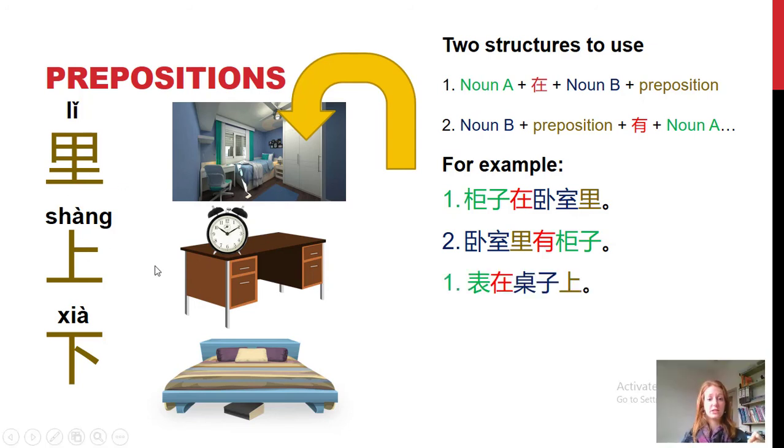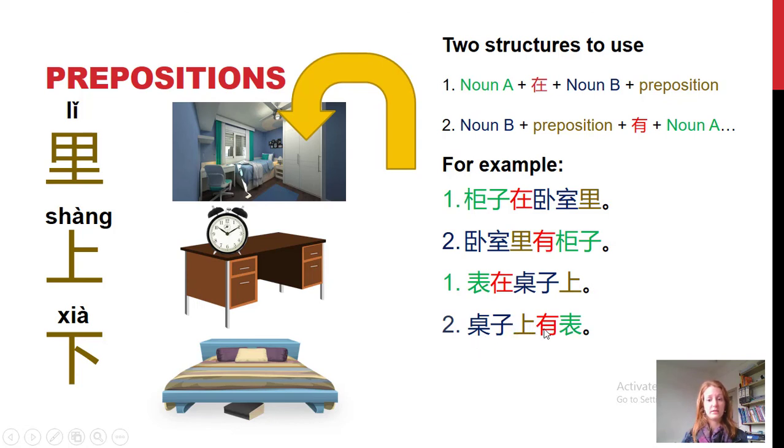So we use the word 有 have, but it kind of means there is, there has. The second example using 上, 表在桌子上. So the clock is on the table. 桌子上 on the table. Using the second structure, 桌子上有表.